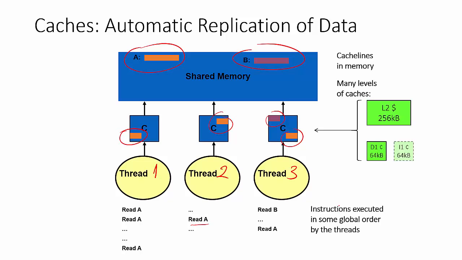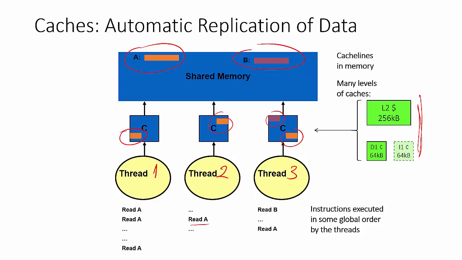In reality, we may have several levels of caches here, as indicated in the picture, but for the purpose of this discussion, it's sufficient to think about one level. So at this stage in the program, we have only been reading A or B. There is nothing else to be done.